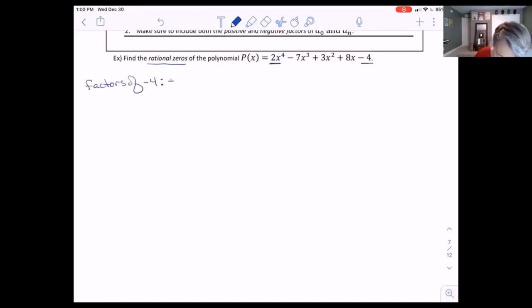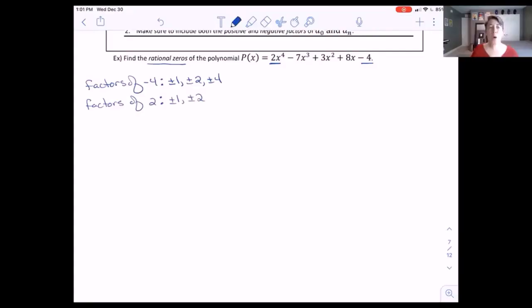Well, 1 is a factor of 4, so we've got plus or minus 1. 2 divides evenly into 4, and 4 divides evenly into 4. No other numbers divide evenly into 4. Now we want the factors of the first number. So factors of 2, not as many, plus or minus 1 and plus or minus 2.